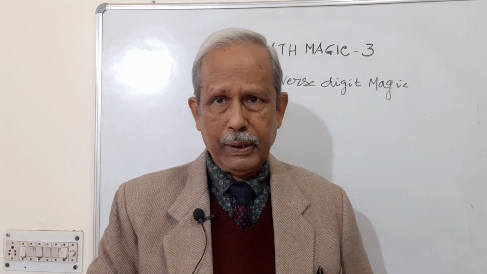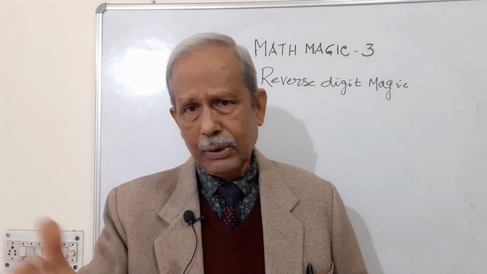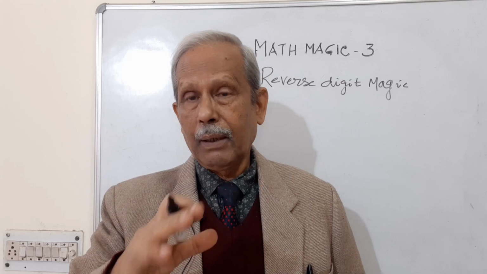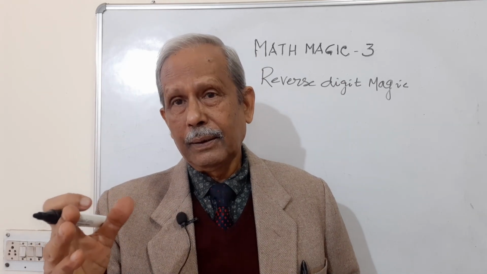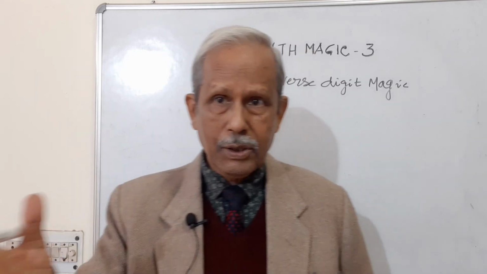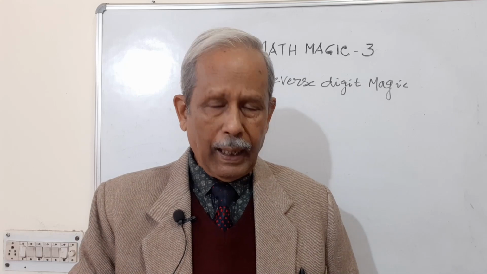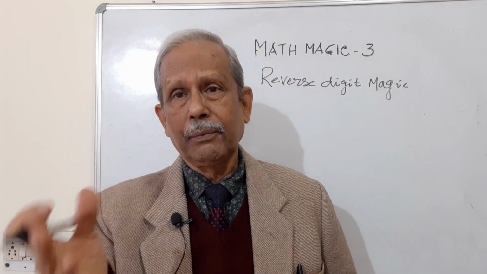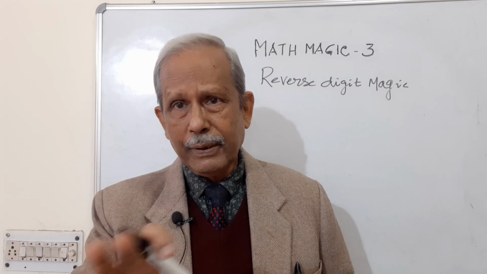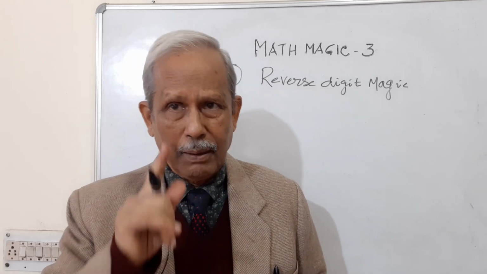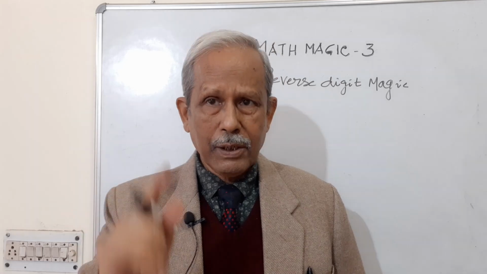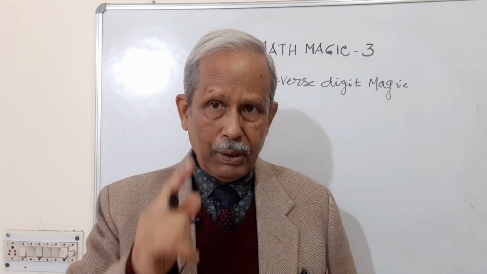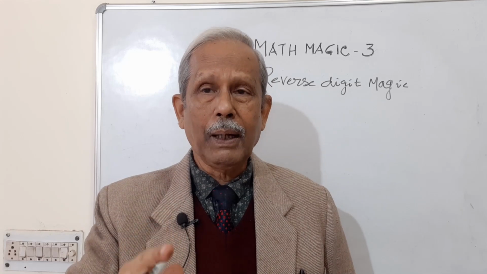First, you listen to me and do it yourself. Think of a two-digit number. Now, reverse it. If the number is 12, then make it 21, right? Just reverse it. And then the number which you have thought of and the reverse, find the difference of these two numbers. The number you have originally thought and the reverse of it, find out the difference of these two, and that number, whatever the result is, will always be a multiple of 9.